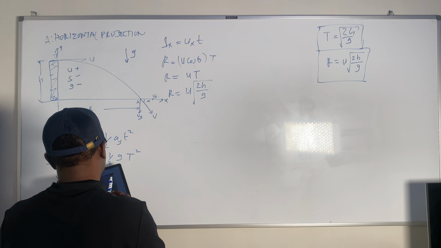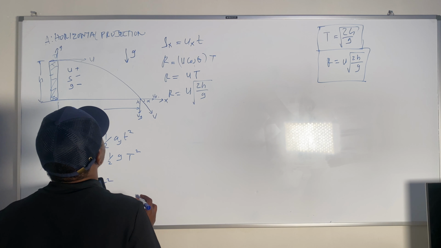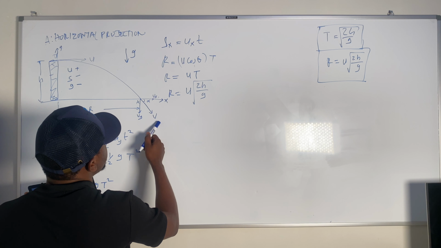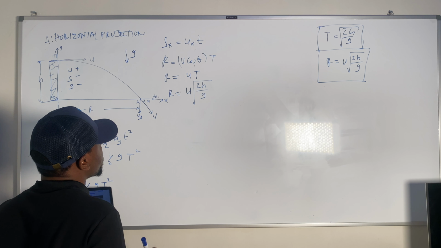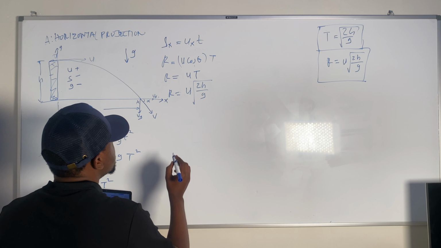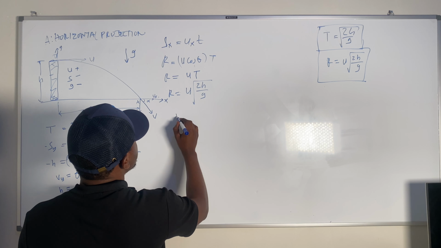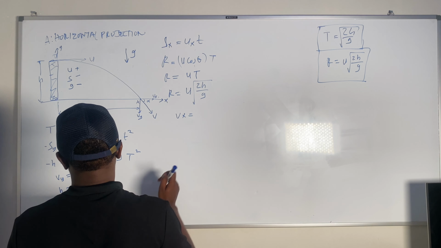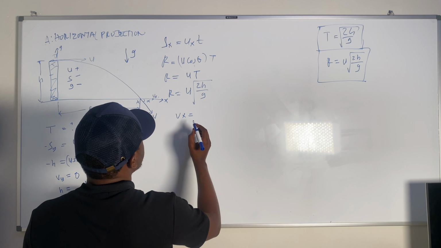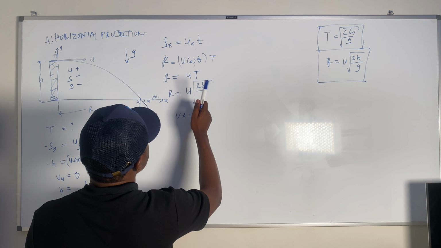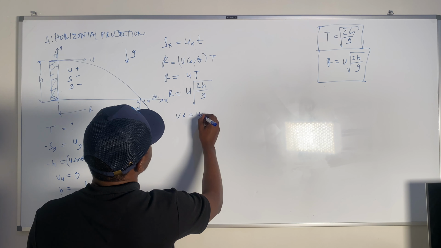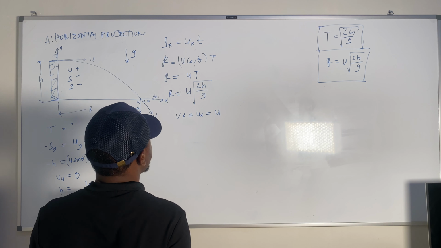Now let us calculate the expression for velocity v. We know that the v in x direction is equal to u x, which is equal to u.